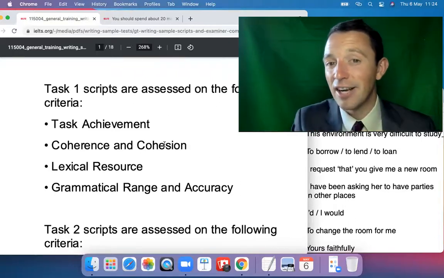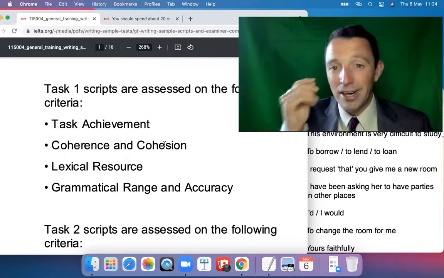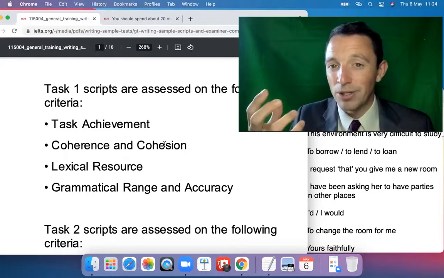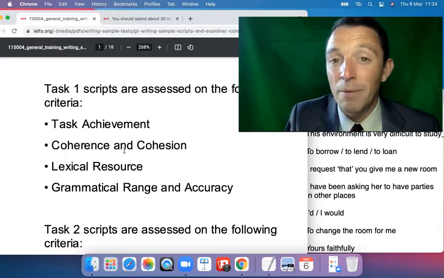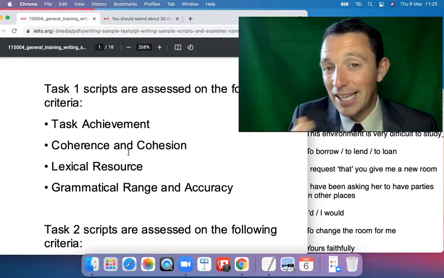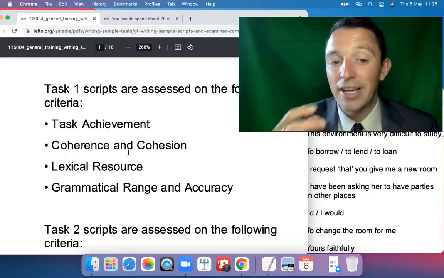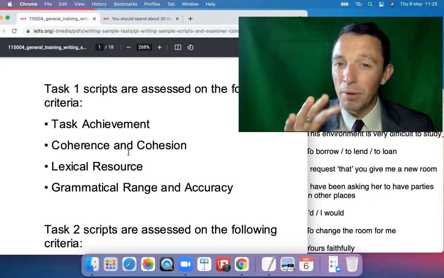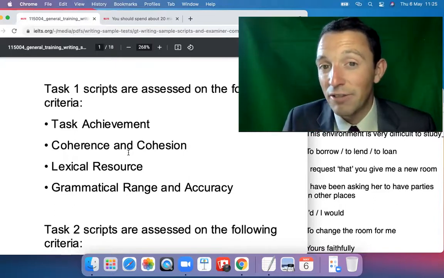Because the letter was very simple. It was understandable, no problem, but it was very simple and it wasn't very fluent. Okay, so this part, coherence and cohesion, is something everybody needs to practice and try to be better. But in this example, I think it was missing a lot of cohesion and a lot of linkers. And for this reason, I think the score will be probably low and maybe middle for this category of the criteria.